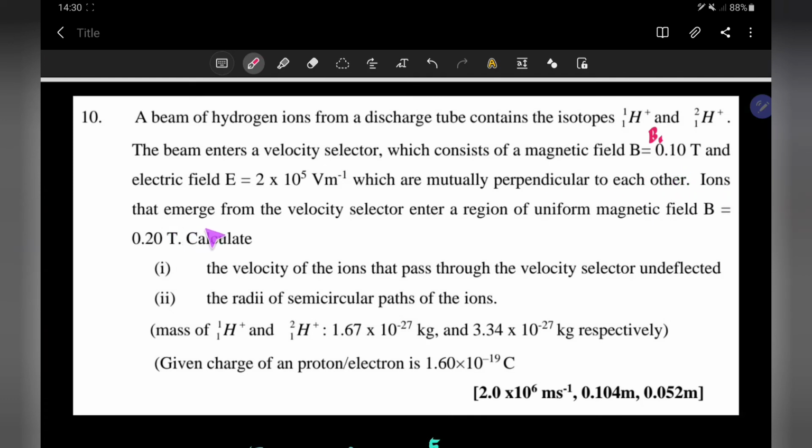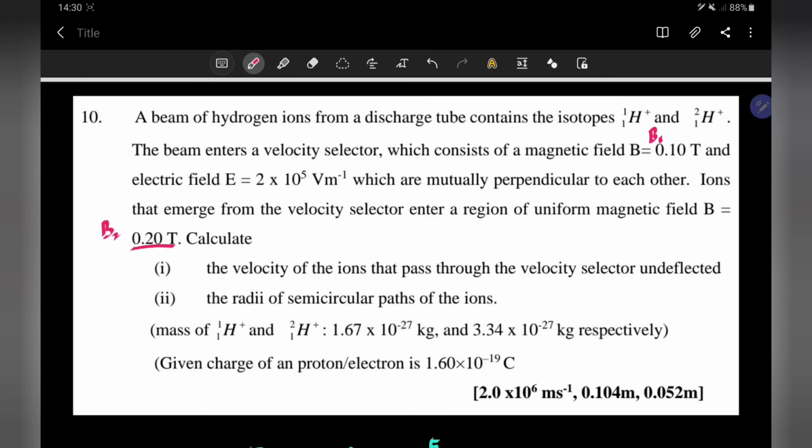Ions that emerge from the velocity selector enter a region of uniform magnetic field. This is B2, which is in the evacuated chamber. Remember, we have two different parts: the velocity selector and the evacuated chamber.